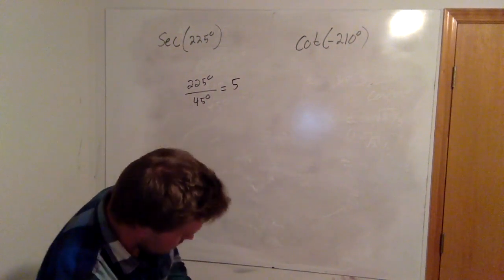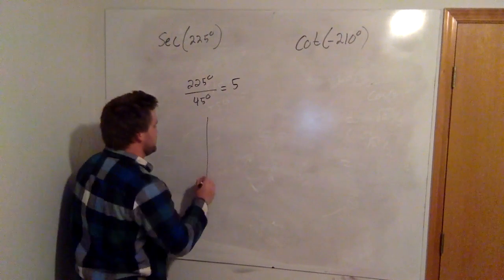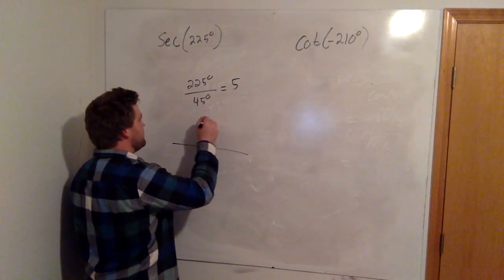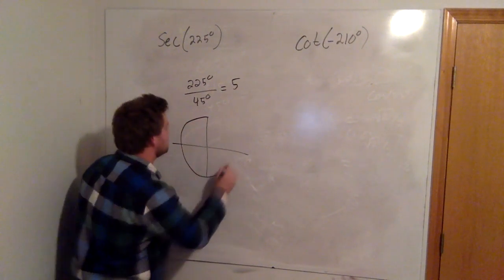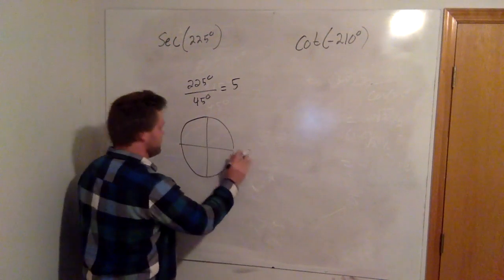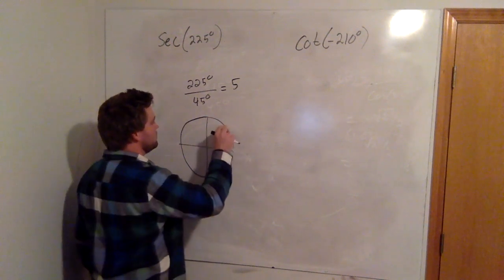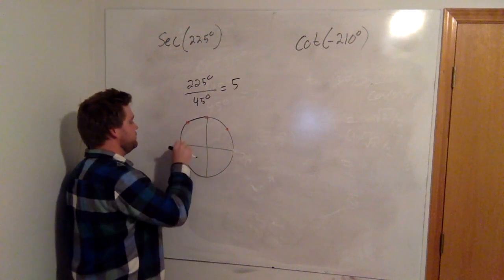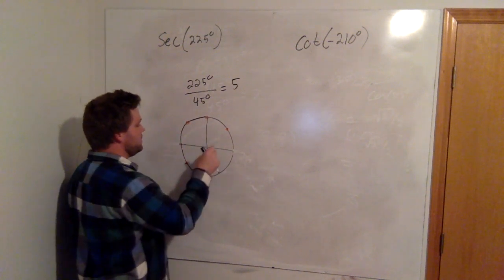Okay, so we're going to count 5 increments of 45 degrees. So 1, 2, 3, 4, 5. Here we are.